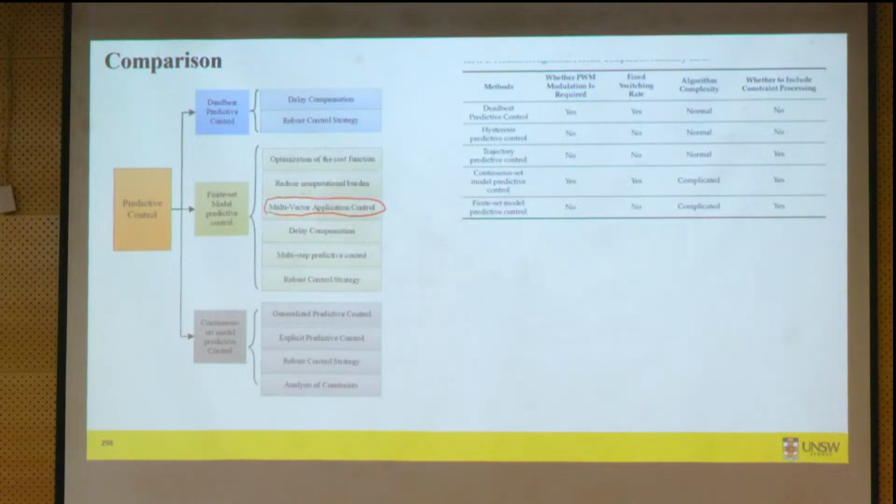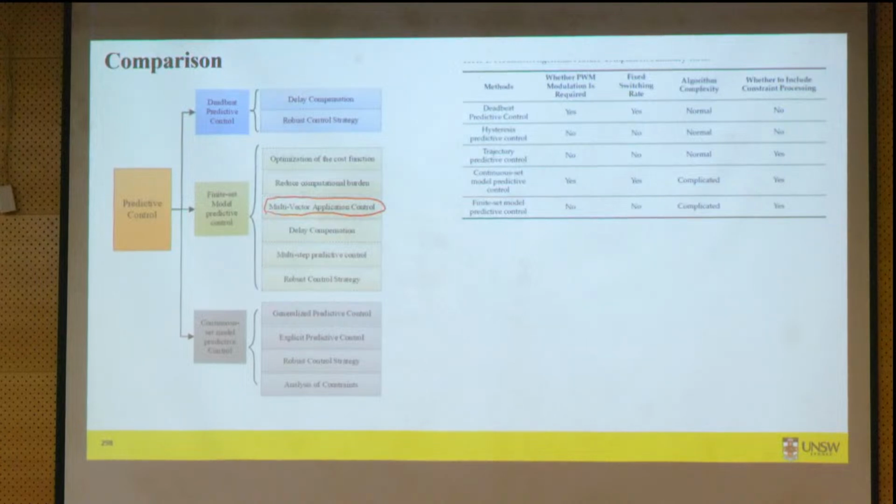So for your idea of stationary reference frame, you may try to see whether by multi-vector selection you can eliminate that switching function weighing problem. They have got up to three vectors. So instead of selecting one, you select 2 or 3 space vectors to find your optimum space vector.